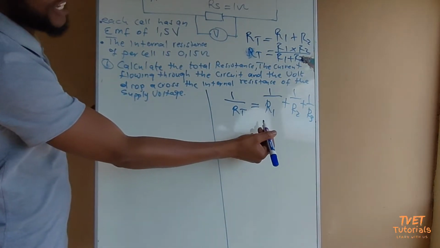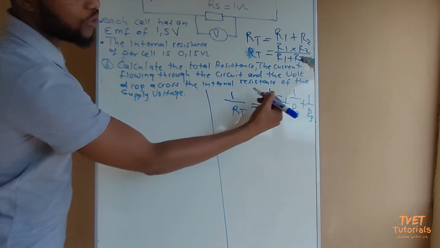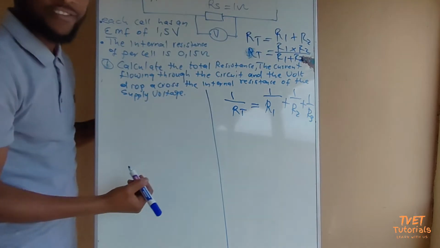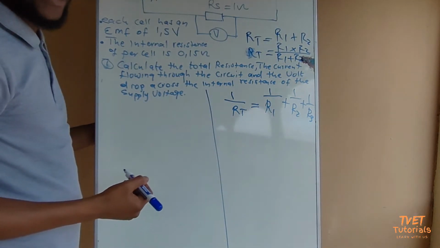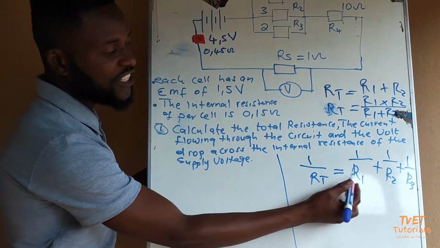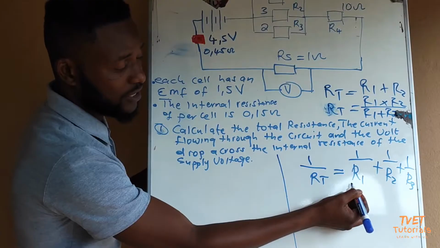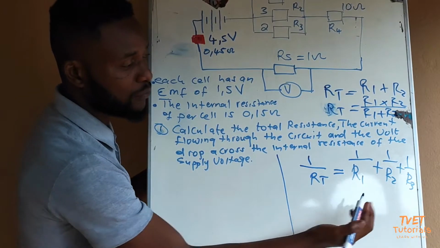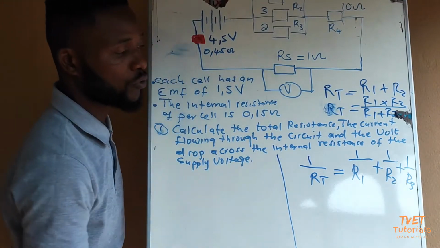So this is an equation that you can use to calculate the total resistance if you have three resistors that are connected in parallel. But this equation doesn't limit you. Even if you are given two resistors, you can use it, meaning that now we can close that part, if you are dealing with two resistors.